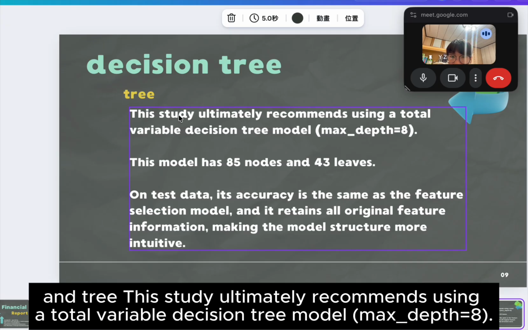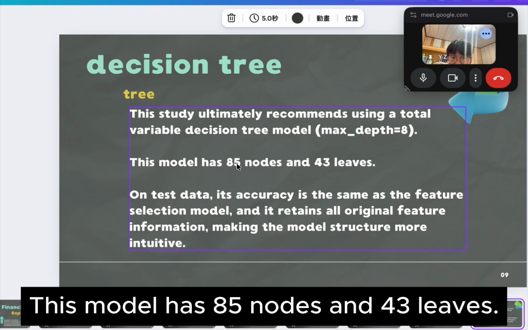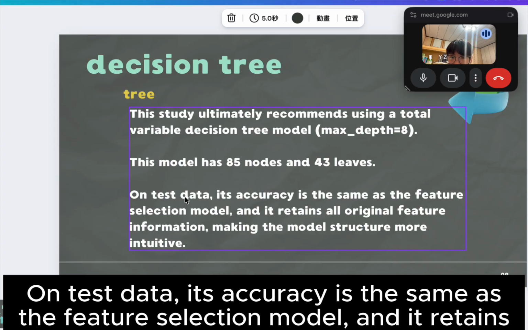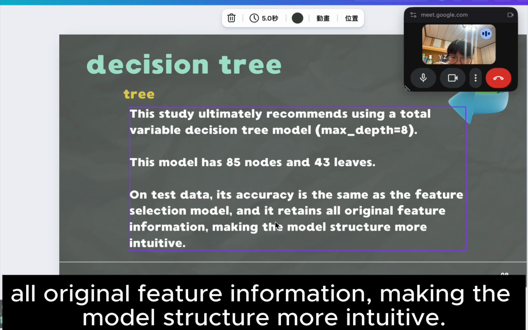And I ultimately use the decision tree model. This model has 85 nodes and 33 levels, and the tree data is the same as the feature set, and each retains all the feature information to make the model more integral.